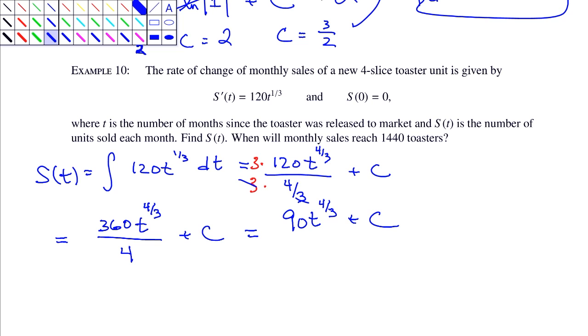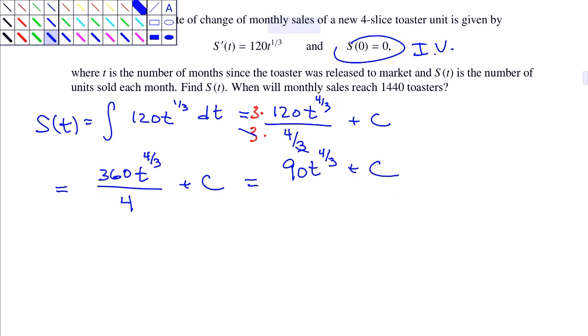We will now use the initial value to solve for c. So s of 0 is 90 times 0 to the 4/3 plus c equals 0. And so what's c?